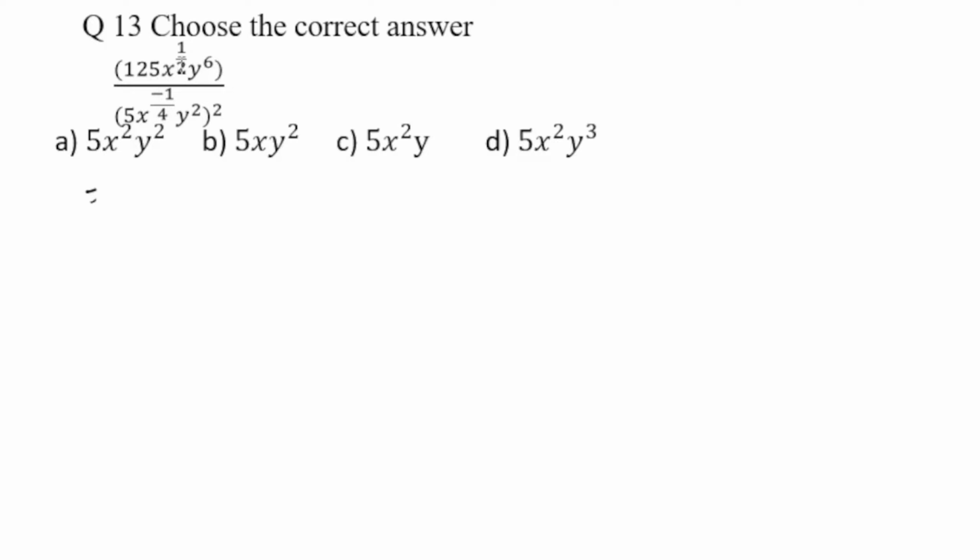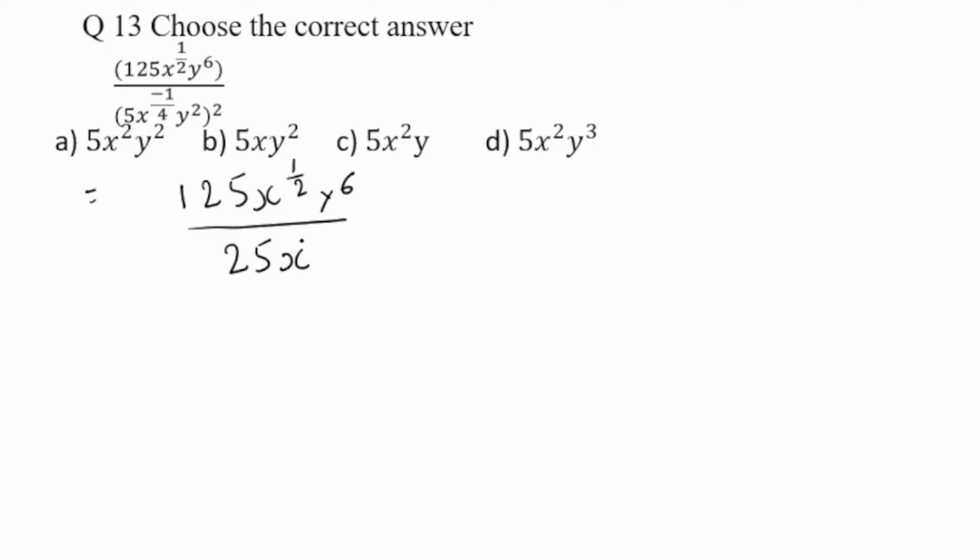125 x to the power 1 by 2 y to the power 6 divided by 5 x to the power minus 1 by 4 y square, to the power square. Now first try to solve the denominator part. 125 x to the power 1 by 2 y to the power 6. We have to use power of exponent property. 5 square means 25.